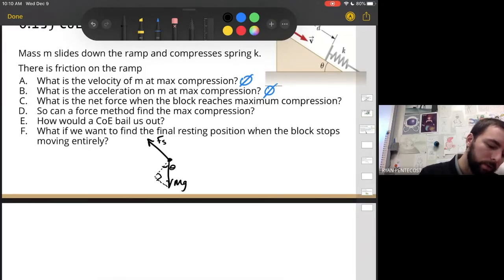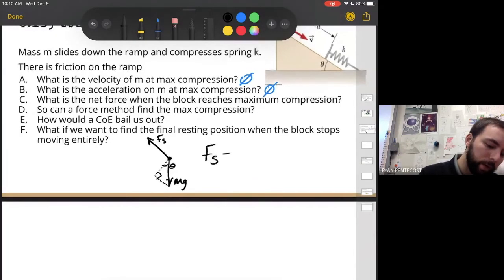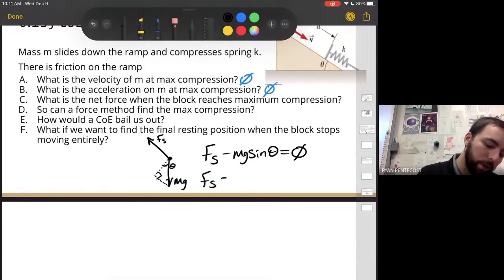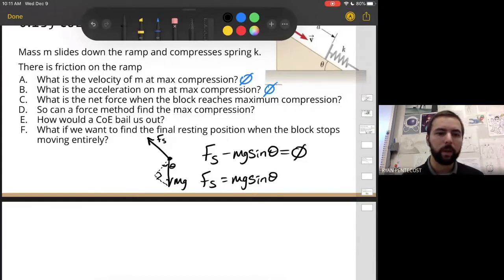So your force of the spring minus mg sine theta, that's all going to equal 0, right? We just established A is 0. So that means the force of the spring equals mg sine theta. Now, the net force when the block reaches maximum compression is going to equal 0.